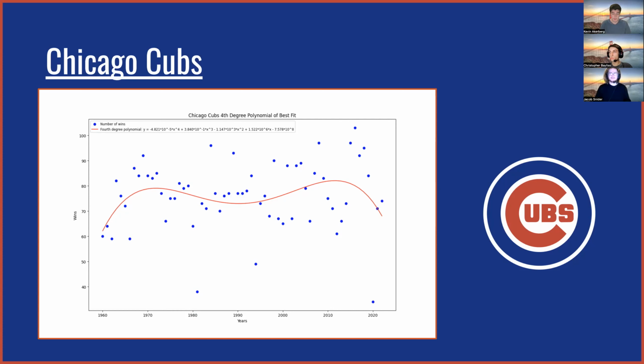But then we have a spike in around 2010 to 2020 when they won the World Series and started doing better again. So again, key takeaway from this plot is just a bit more, not a complete view of the data, but a bit more insight into trends over time.